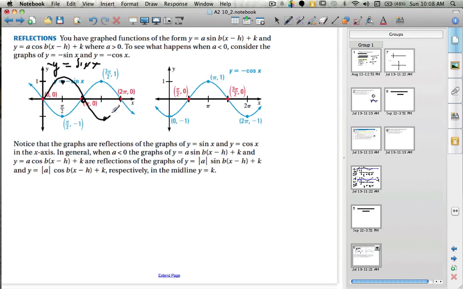And what happens is I start in the same place, but instead of going up, when my leading coefficient is negative, I go down. That makes sense. And over here on the cosine side, in a normal cosine function, I start at the upper amplitude, and that's what that looks like.